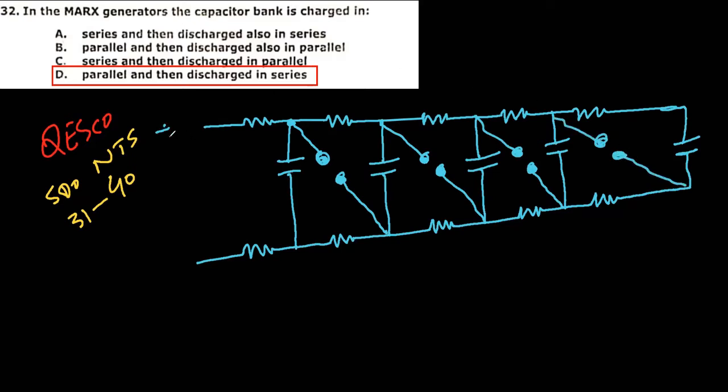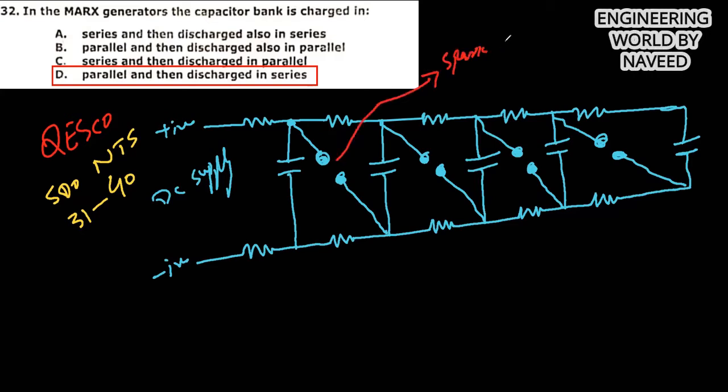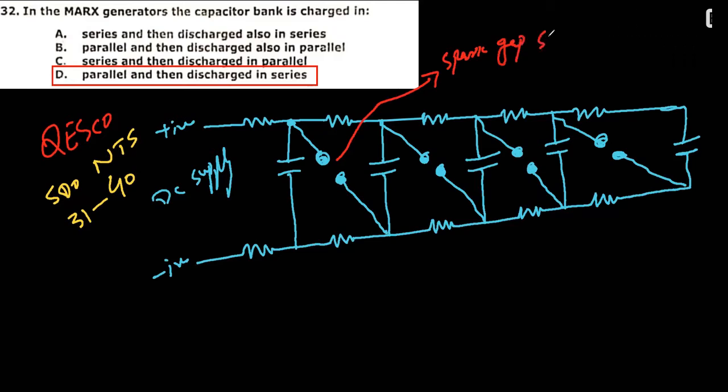This is my positive voltage, this is my negative voltage, and this is the DC supply. Here we have spark gap switches, and a trigger is inserted over here in all the spark gaps.